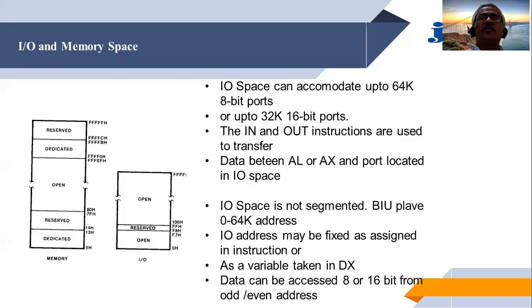The content of DX is nothing but the addresses, they point to the ports, and the data can be transferred between the accumulator and the port. So this is what exactly the IO space is.